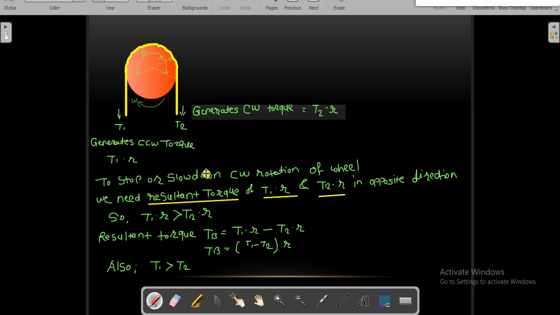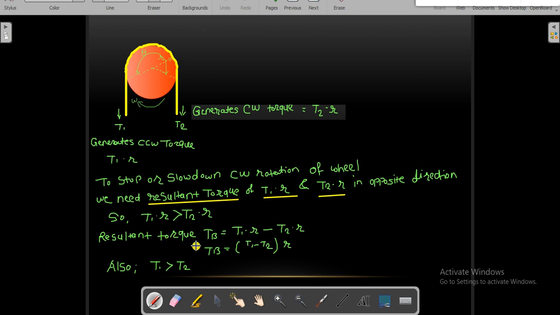So to stop or slow down the clockwise rotation of the wheel, we need to get the resultant of both T1 R and T2 R. That means the torque due to tension T1 and the torque due to tension T2.